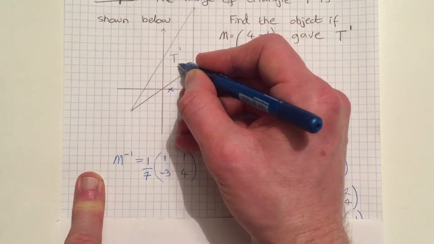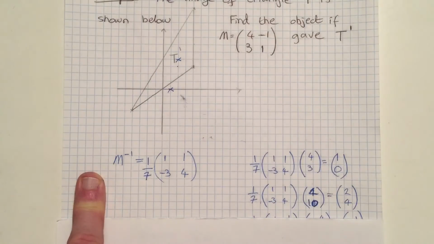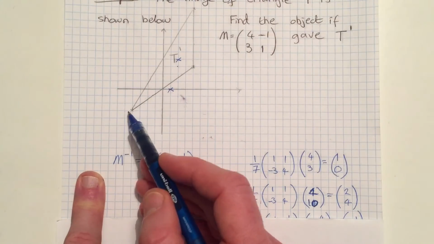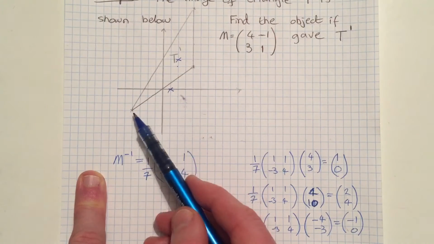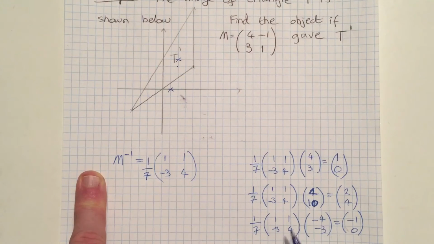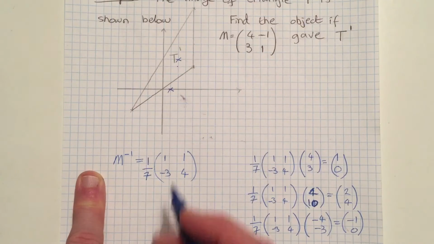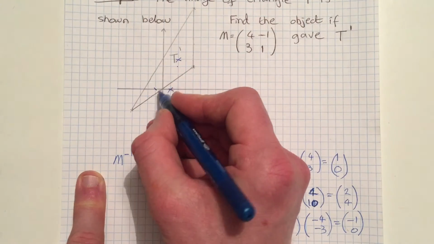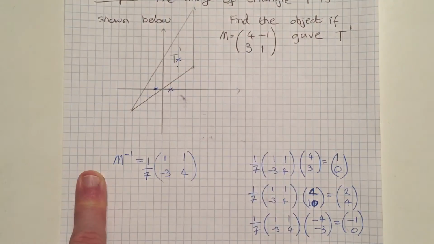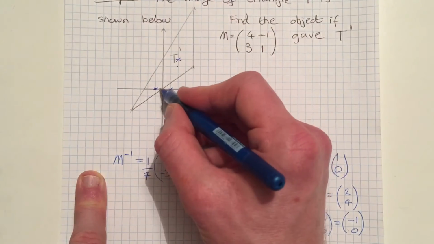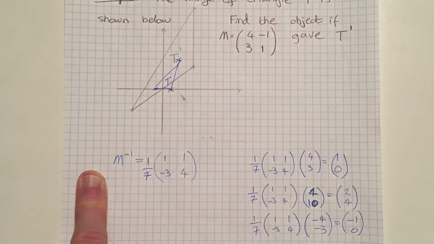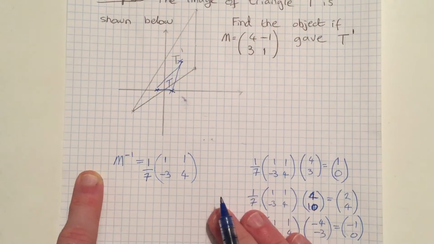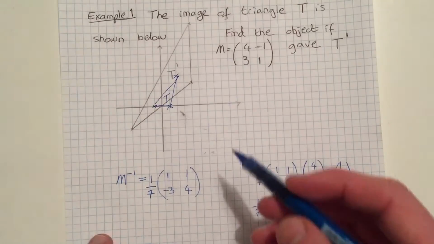So 2, 4 is there, roughly. And then finally this point down here is the point minus 4, 3. If I do the same thing for that, I get the coordinate minus 1, 0, which is there. So I can see that the original triangle looks something like this. This is triangle T here. So there we go.